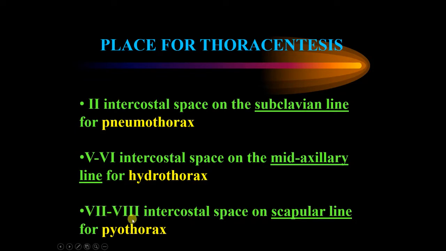It's the 7th or 8th intercostal space on the subclavicular line, because we have to remove all pus contents completely from the thoracic cavity. It is better to mark this place under X-ray or ultrasound control and perform the puncture with aspiration of the pus, washing with antiseptic solutions, and evacuate all fluid completely from the thoracic cavity after all manipulations.